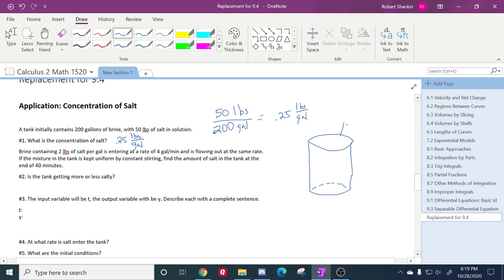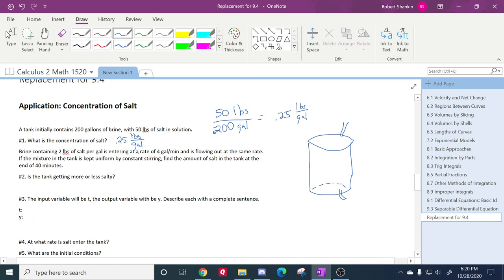And we've got a hose dumping brine in, and then we have a little spigot at the bottom where it's coming out. So it's coming in at 4 gallons per minute, it's coming out at 4 gallons per minute. If the mixture in the tank is kept uniform by constant stirring, so it's stirred up constantly, find the amount of salt in the tank at the end of 40 minutes. That's what we're going to eventually get to, but we're going to get there by stages.